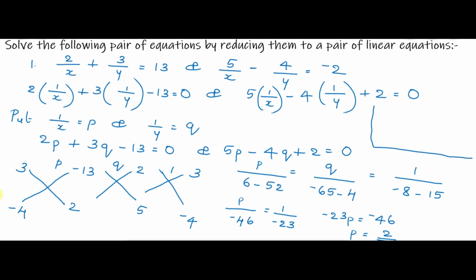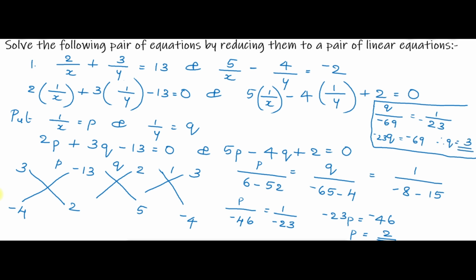Similarly for q, I am writing q by minus 65 minus 4, which is equal to minus 69, which is equal to 1 by minus 23. So minus 23q is equal to minus 69. Therefore q is equal to 3.